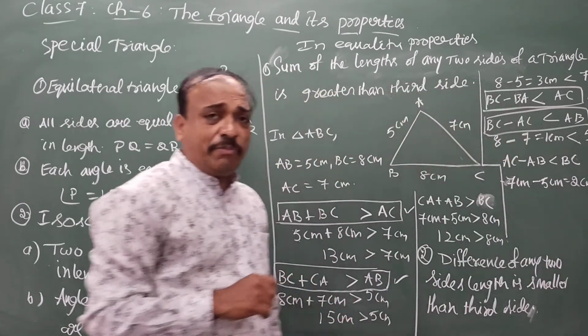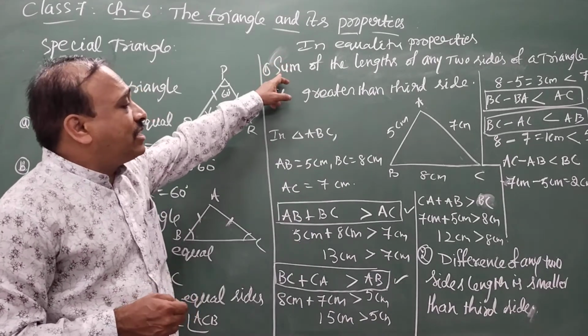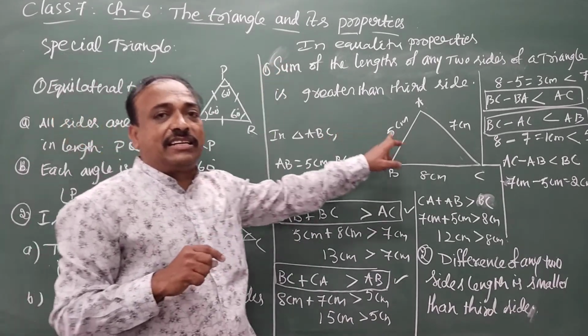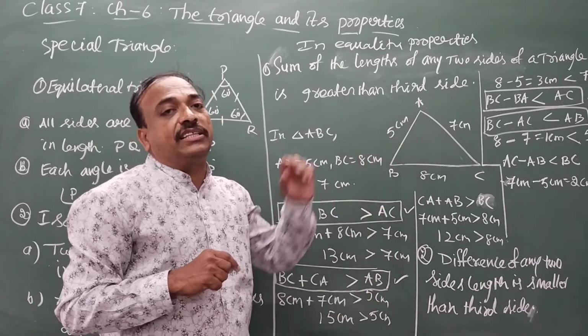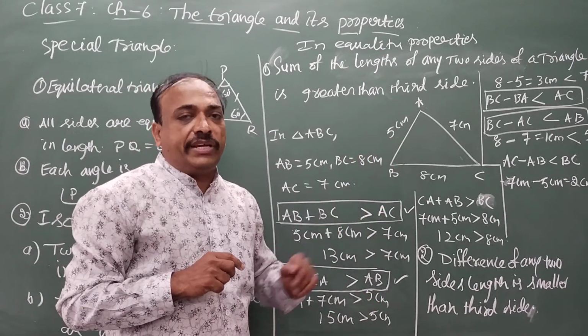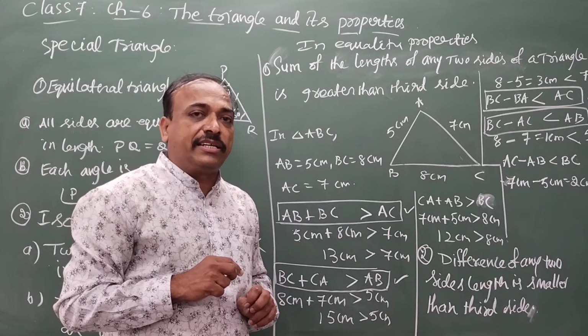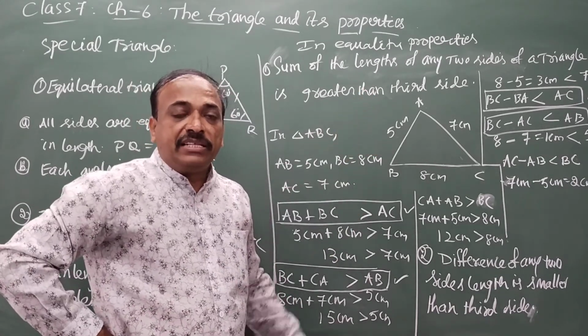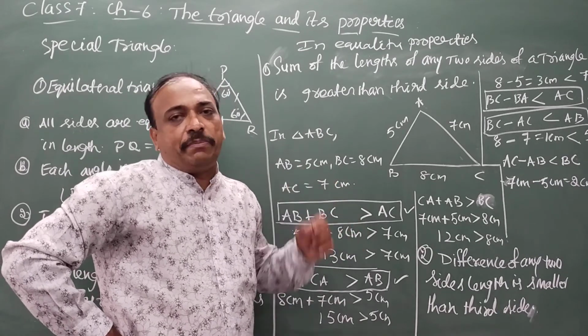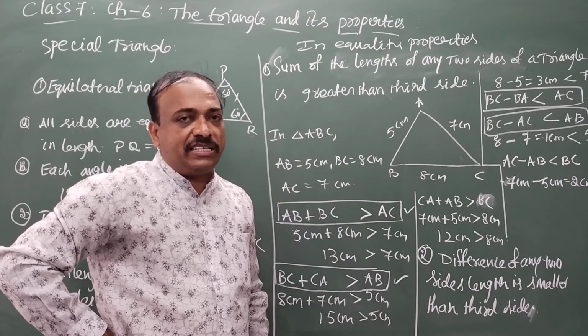So in inequality properties, the sum of the lengths of any two sides should be greater than the third side. The difference of any two sides should be smaller than the third side. These are called inequality properties. I hope it is clear to you.